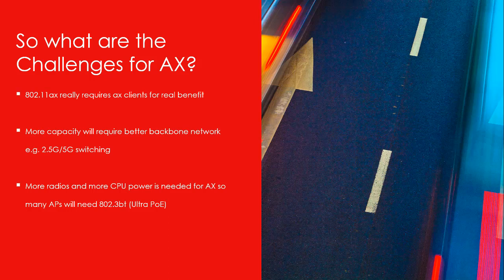All these types of functionality will require much more power. So the majority of APs will probably require 802.3bt or Ultra PoE, so up to 60 watts of power. We'll start to see the requirement for that type of delivery as well.